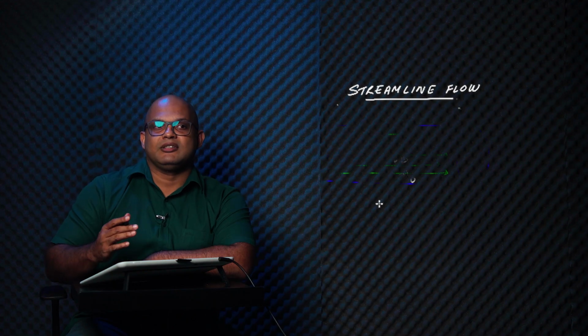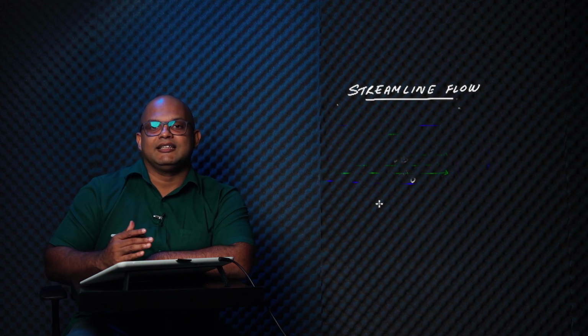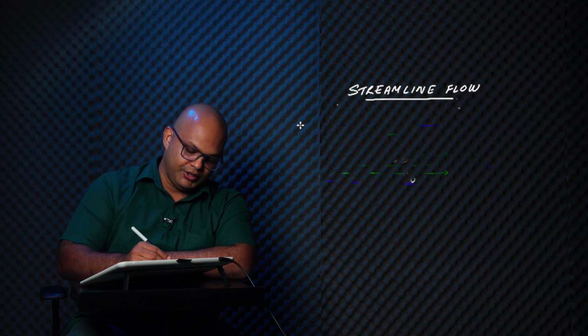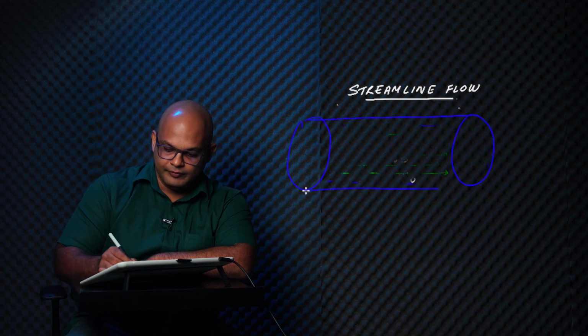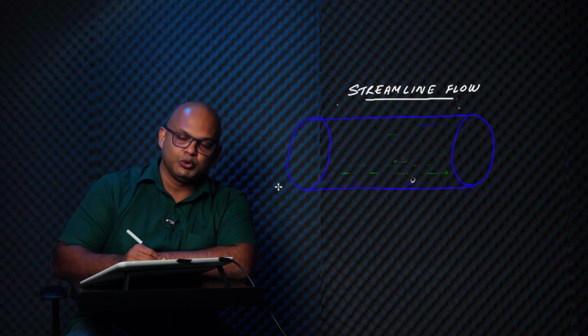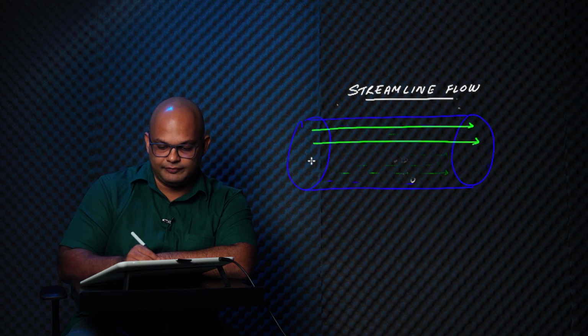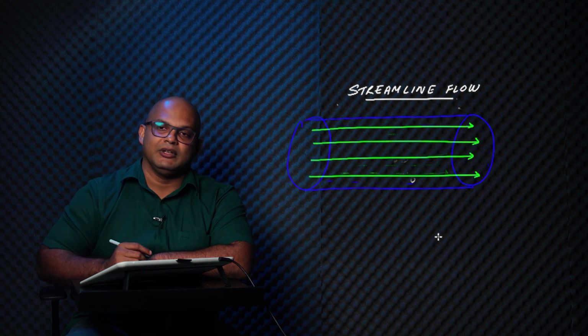So let's try to understand a simplified example of streamline flow. Let's say that we are studying the motion or the flow of water in a pipe. So here we have a cylindrical pipe, and we are representing the motion of water through this pipe in the form of these lines. So the water is flowing from one end to the other.